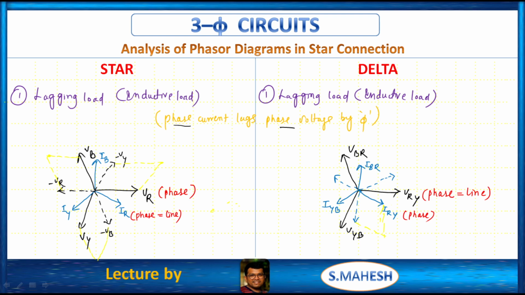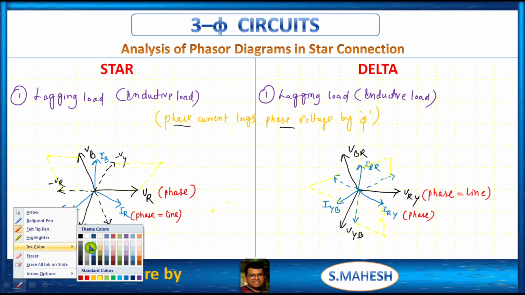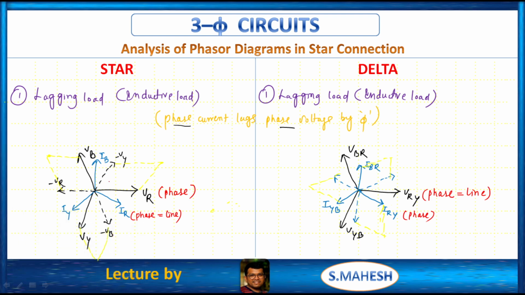Next, between these two, like this, between these two, completed. Now we have to get the line voltages. This is VRY, which is present between VR and VY. See, we have line voltage, phase current, line current, completed.